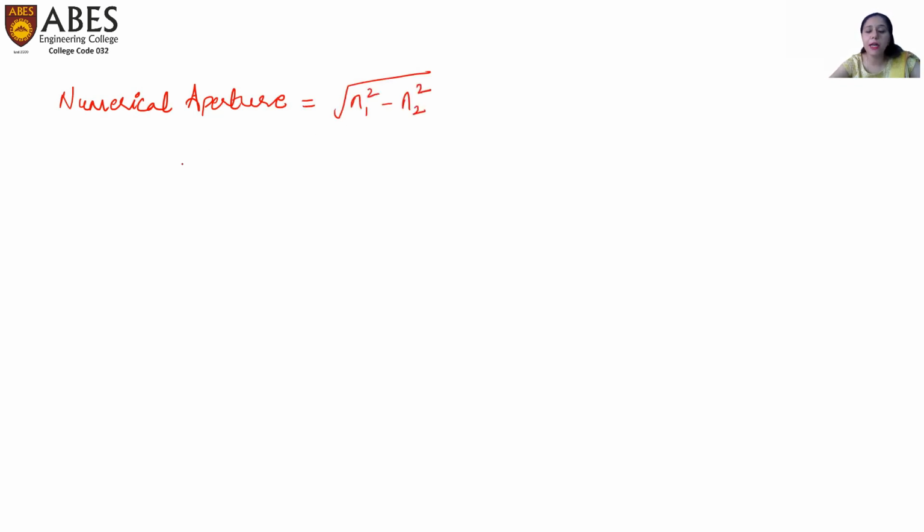The theory part I have already explained in my last presentations, so for any doubt, you can go through those presentations as well. N1 here is the refractive index of core. N2 here is the refractive index of cladding.